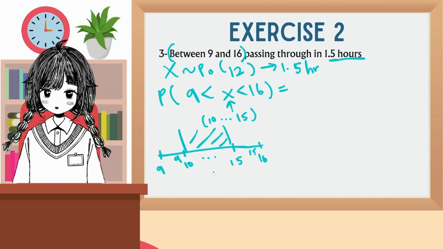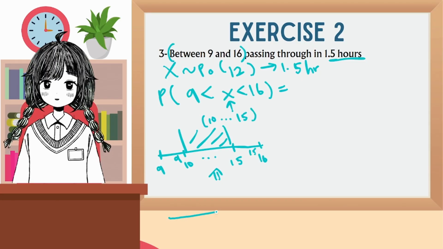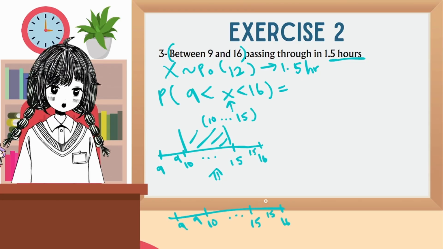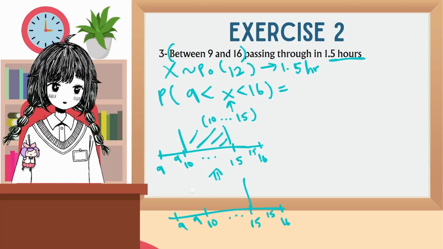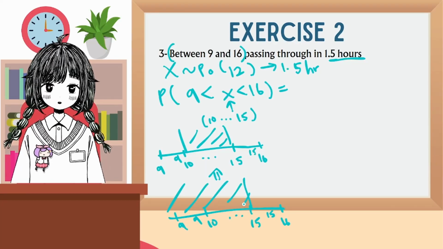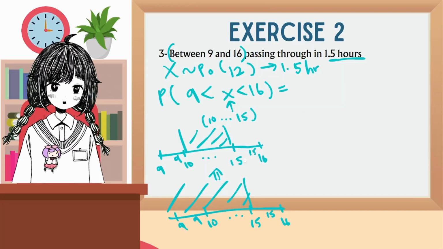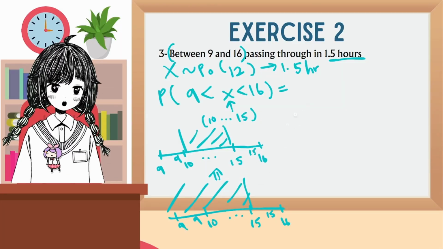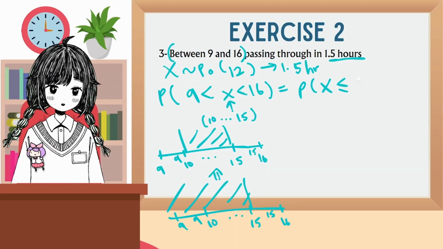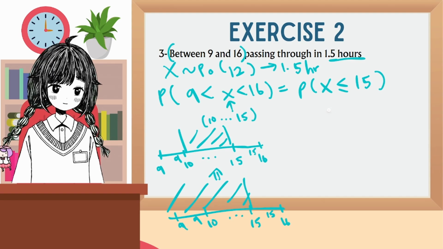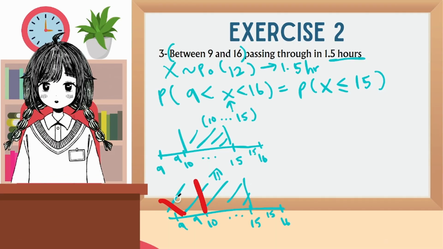So to get this, we take the highest number first, which is 15. This means P(X ≤ 15). Now we want to get rid of below 10, so we get rid of this.